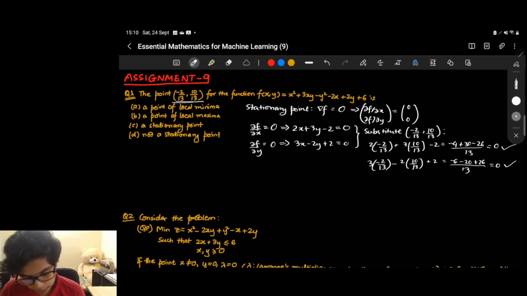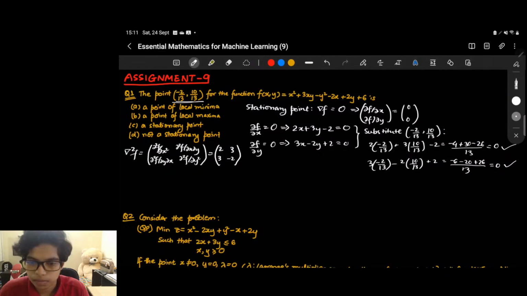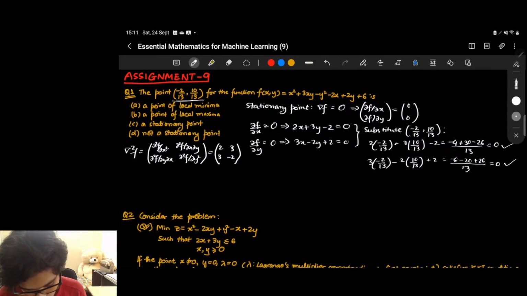Now we need to check whether it is a maxima or a minima. For that, we find the del squared f. So del squared f is what? So now this is the del squared f matrix. We need to check whether it is positive definite or negative definite, and we will use the minor test to do so.